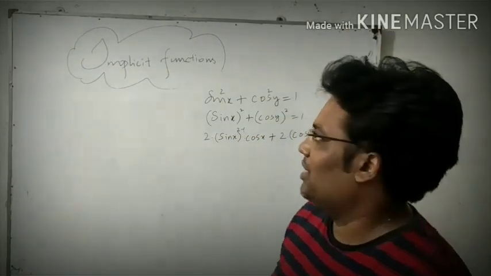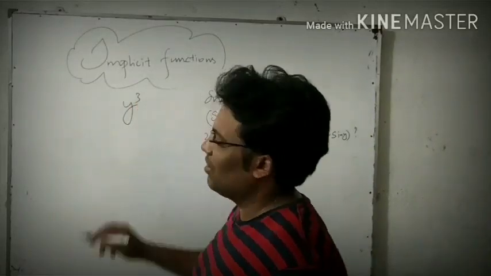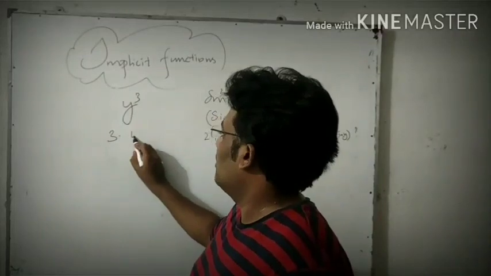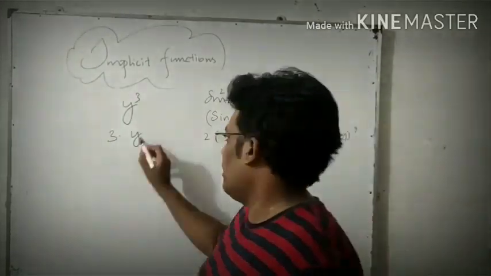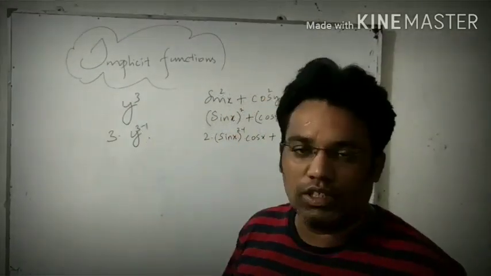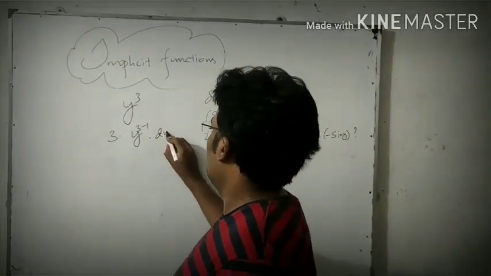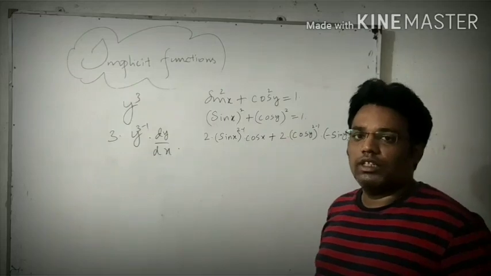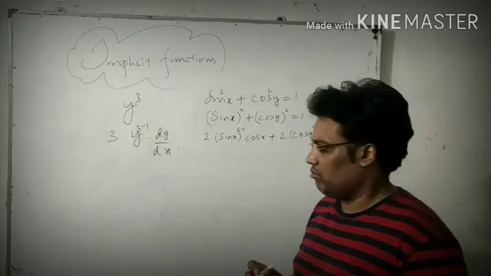Let's go with y cube, differentiation of y cube with respect to x. Keep that constant, reduce the power of the variable by 1 and differentiate the y. Differentiation of y with respect to x is dy by dx. That's it. This is how you need to differentiate. Okay.